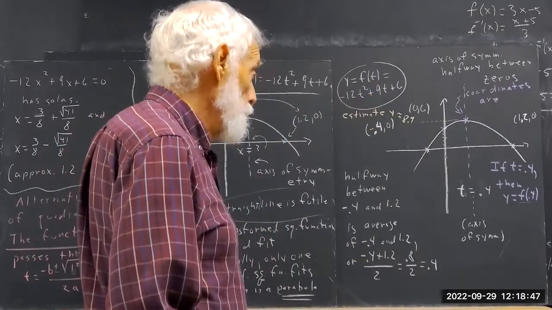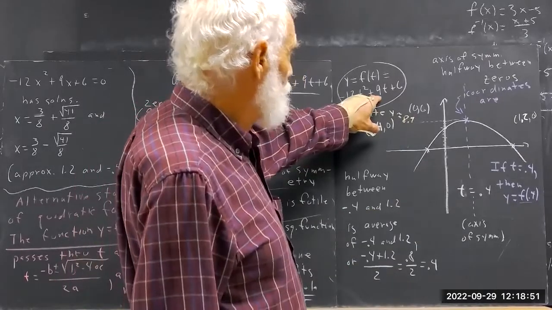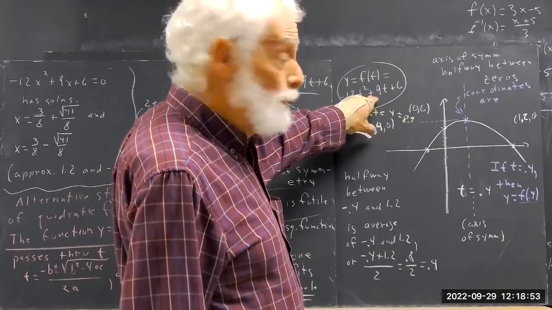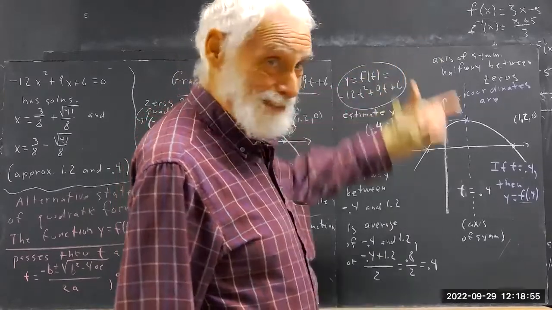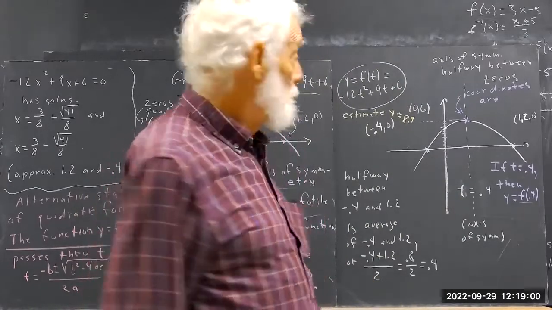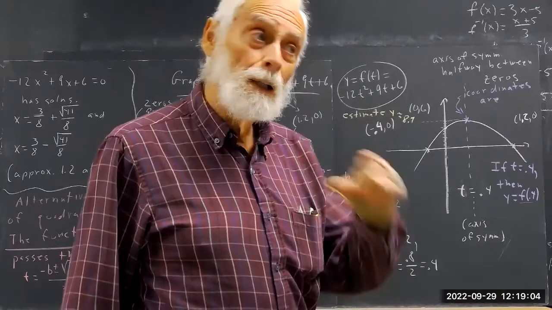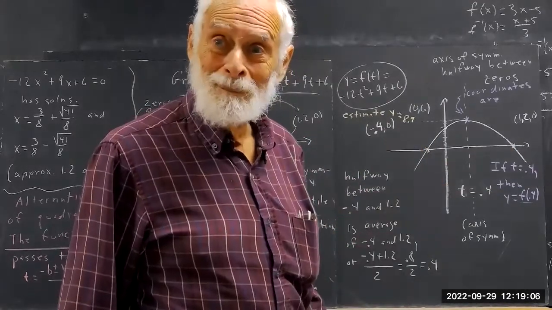Now, right here in front of your eyes, I'm going to mess up the calculation. 9 times 0.4 is 3.6. 3.6 and 6 is 9. Now, that's a little higher than what we estimated. But we have to then subtract 12 times t squared. And we're going to come closer to your estimates than to mine.